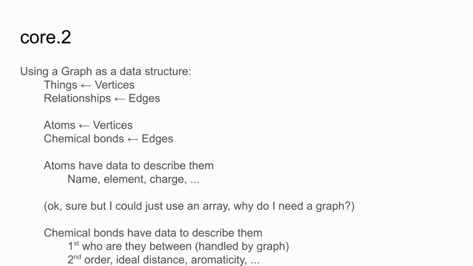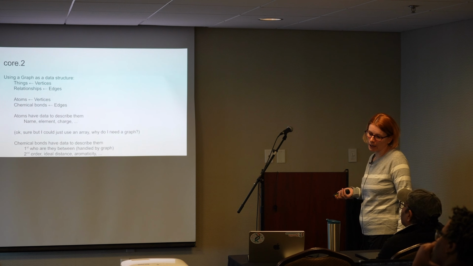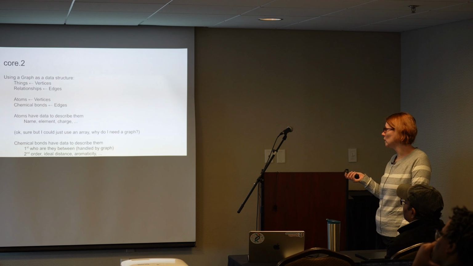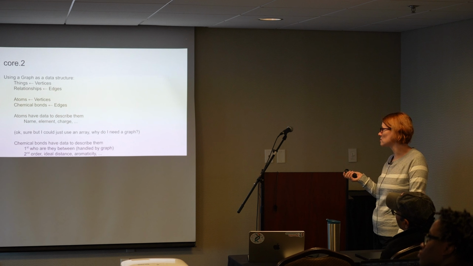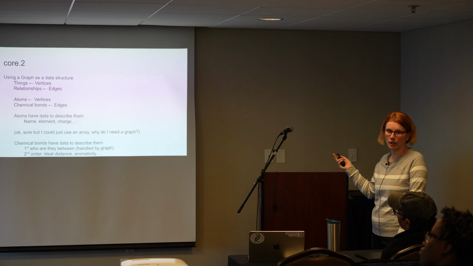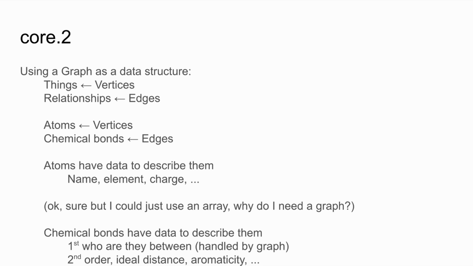So again, we have graphs as data structures. So the atoms would be the vertices, the chemical bonds are basically the edges, and atoms have data to describe them, like names, elements, charges, and so on and so forth. Why do we need a graph for that? Why can't we just iterate over a list or a vector?